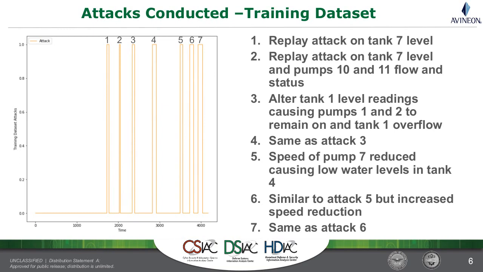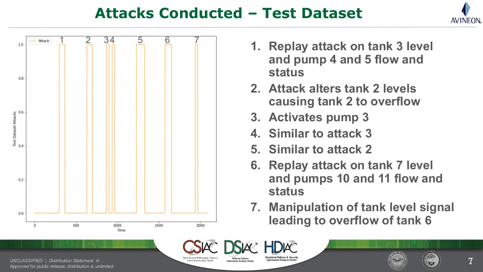Those are the nature of the attacks that they were conducting on this water distribution system. The orange line, when it goes up, indicates each of the attacks, and you'll see this type of representation used a little later on.